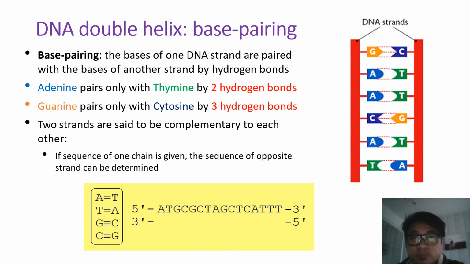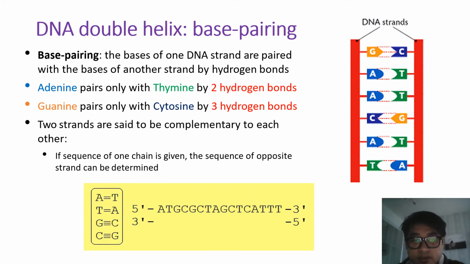Adenine pairs only with thymine with two hydrogen bonds. Guanine pairs only with cytosine by three hydrogen bonds. So this is the important thing to know: the T must bond with the adenine, and the cytosine must bond with the guanine. These two strands are said to be complementary to each other.